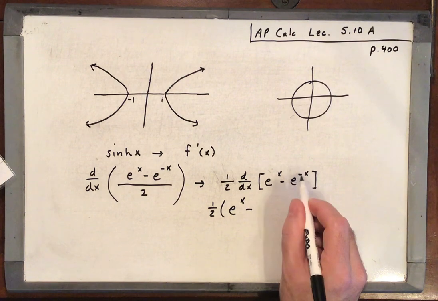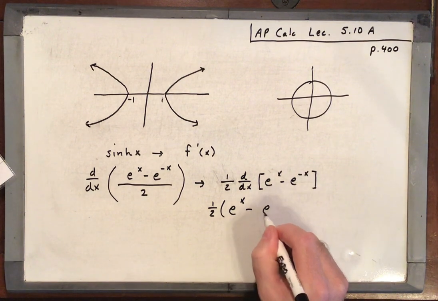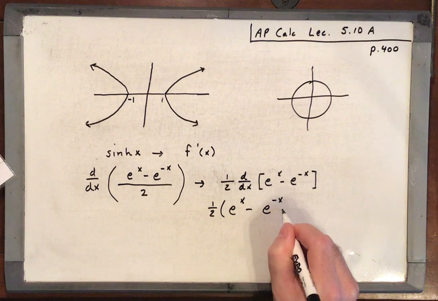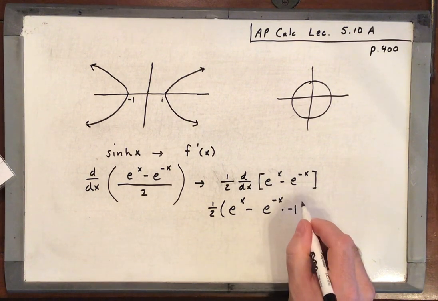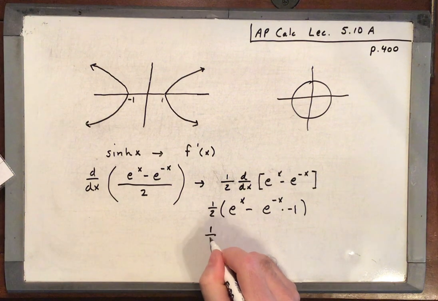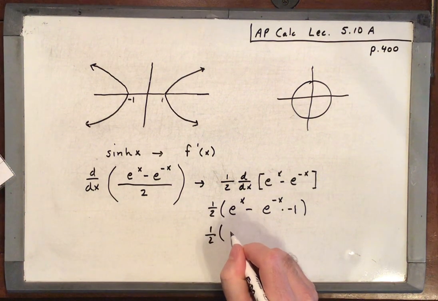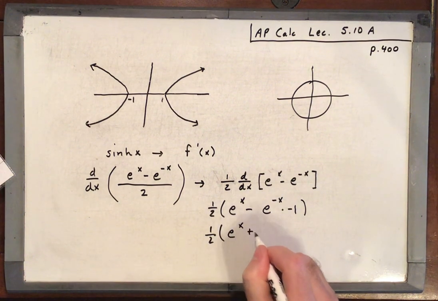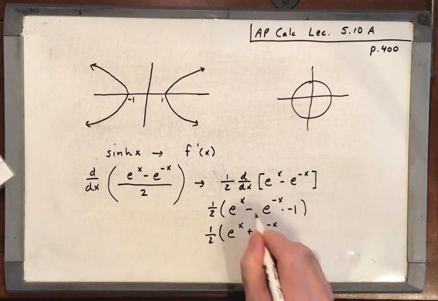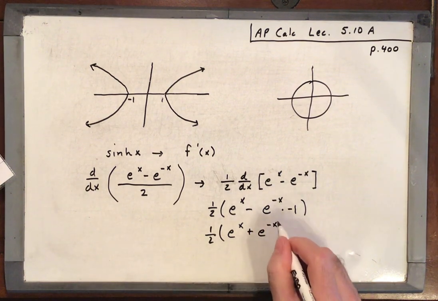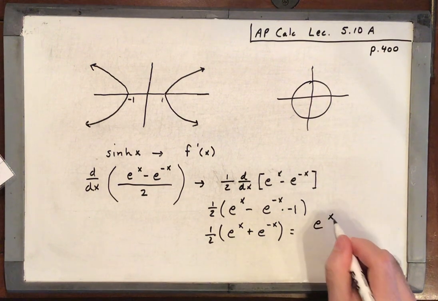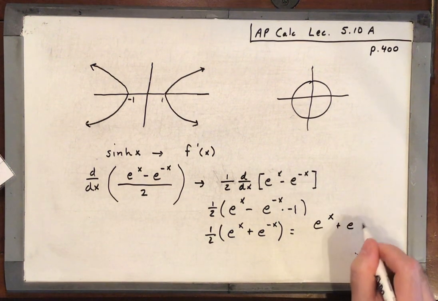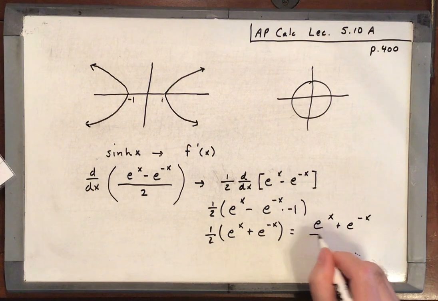The derivative of e to the minus x is e to the minus x times -1, the derivative of the exponent. So that's going to be 1/2 times e to the x plus e to the minus x, because you have a negative times a negative. All right, and we could write that in another way. That could be e to the x plus e to the minus x over 2.